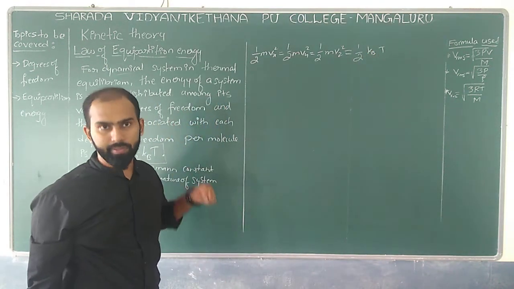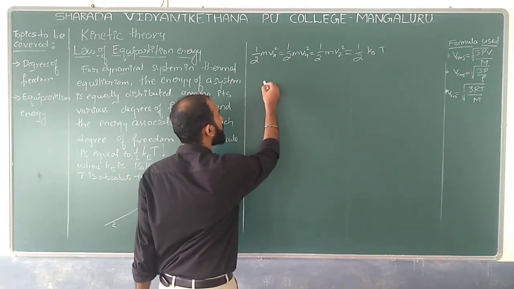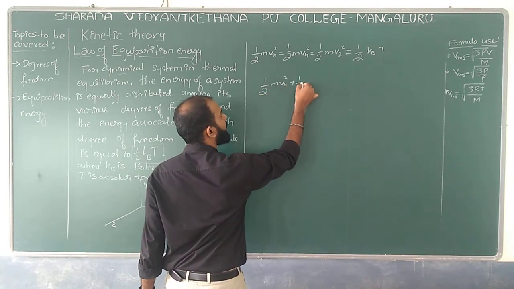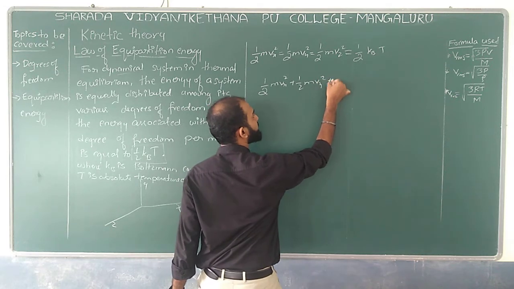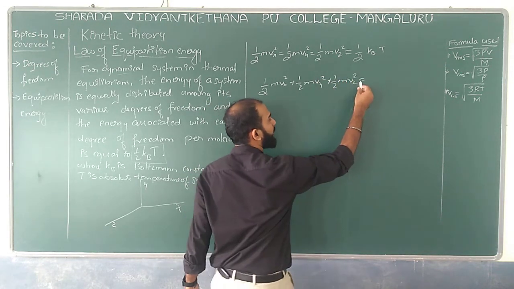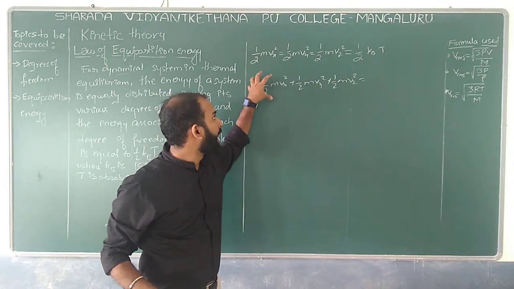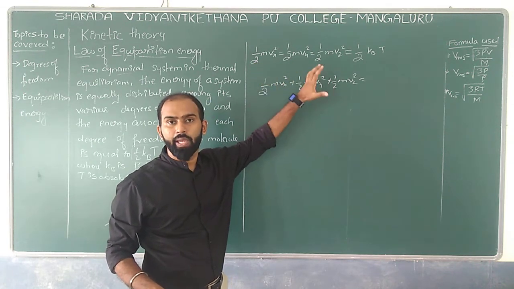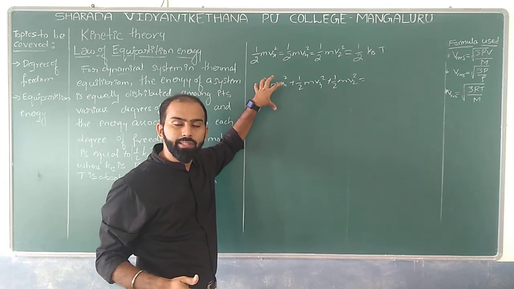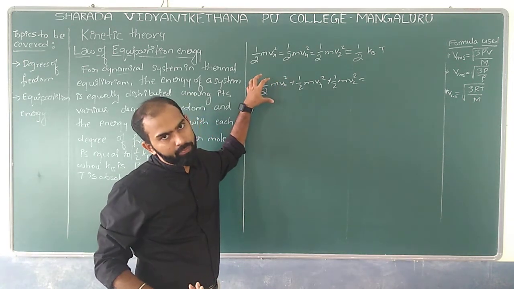Now, if I add these, what degrees of freedom can I expect? Half mvx square plus half mvy square plus half mvz square is equal to half kBT plus half kBT plus half kBT, altogether 3 kBT, because energy is distributed among its various degrees of freedom equally.